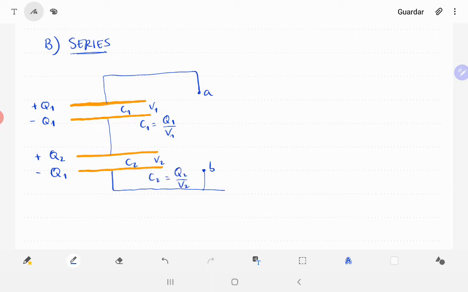Okay? So here we have to realize two things. One of them is that this is a wire, so everything here has the same potential.